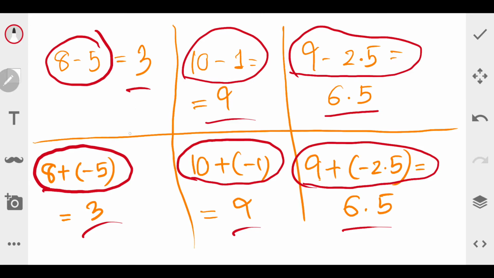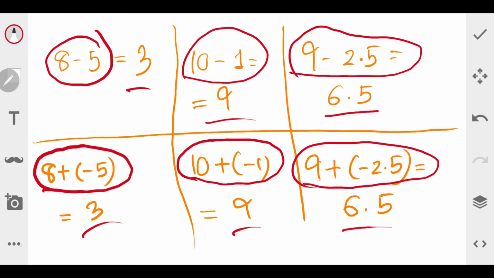So what is the pattern here that is making the answer the same? That's what we're gonna look at. So if we look at the second one, 10 minus 1 is 9, and 10 plus -1 is also 9. We are subtracting 1, and at the bottom one we are adding -1. Okay, so what's happening? So let's look at a concept.